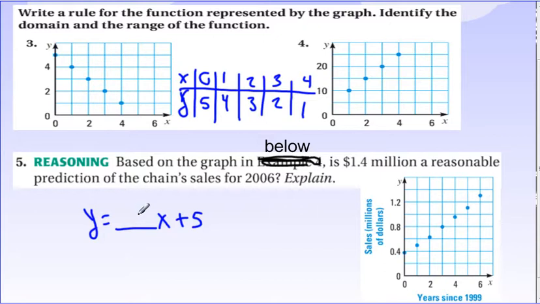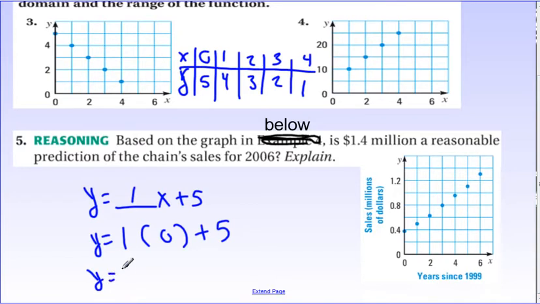Now let's plug in. What happens if we plug in 1? Well, y equals 1 times 0 plus 5. 1 times 0 is 0. 0 plus 5 is 5. So that worked out for the first point. Awesome. We might be on the right track. Let's try point number 2.